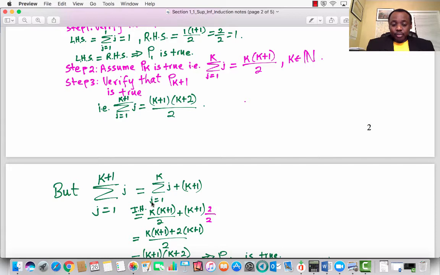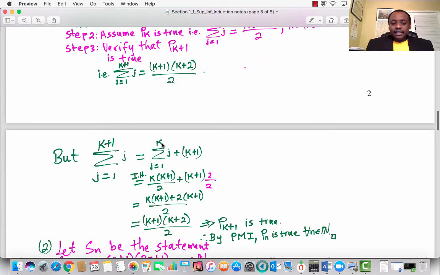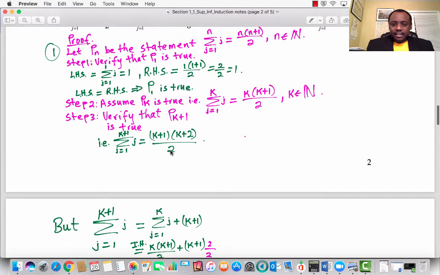So, I'm left with the summation j from 1 to k of j plus the (k plus 1)th term, which I have pulled out of the summation sign. And now I can apply my induction hypothesis since I know what the summation j from 1 to k of j is, right here. This is what it is.